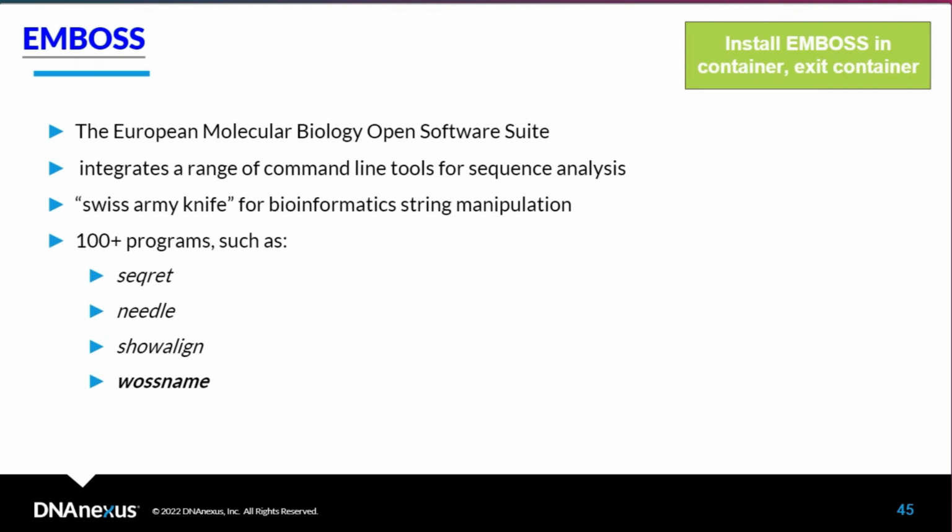Many of us know the tool Swiss Army knife on the UKB RAP, but this is something like a Swiss Army knife for bioinformatics string manipulation. It has more than 100 programs, such as the Needleman-Wunsch algorithm or working with alignments. So it could be really useful for string manipulation.